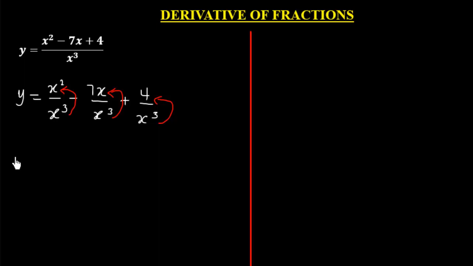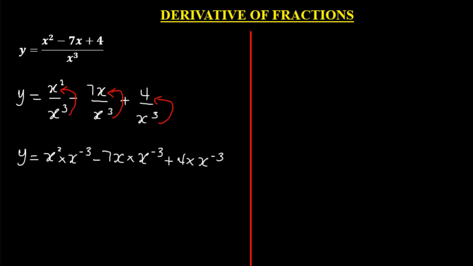So it becomes y equals x squared multiplying x to the power negative 3, minus 7x multiplying x to the power negative 3, plus 4 multiplying x to the power negative 3.